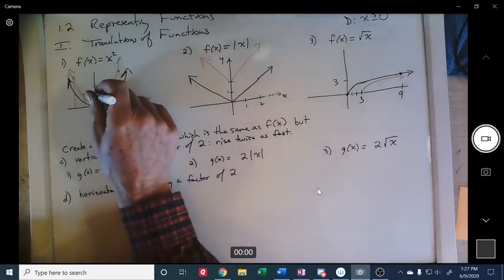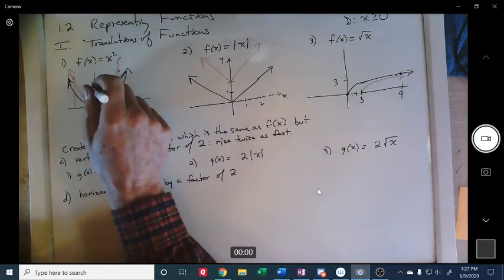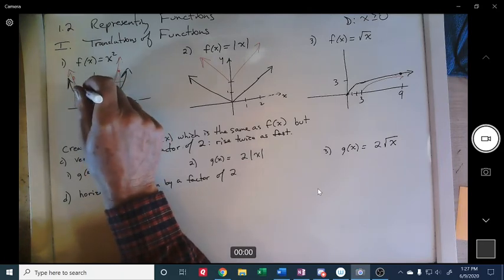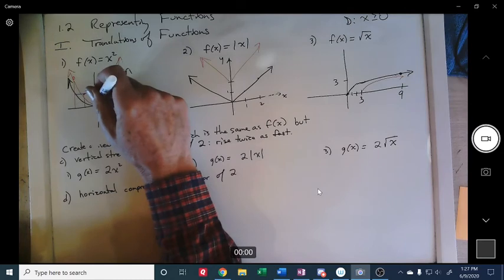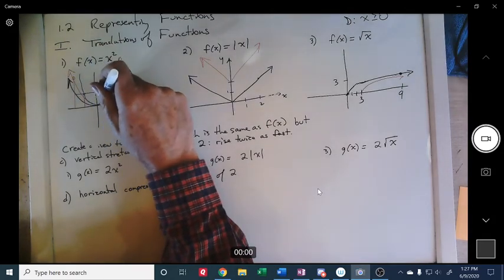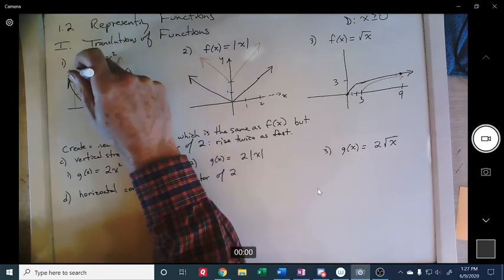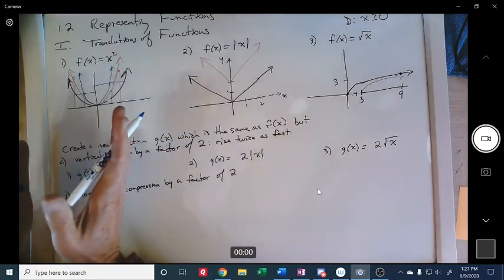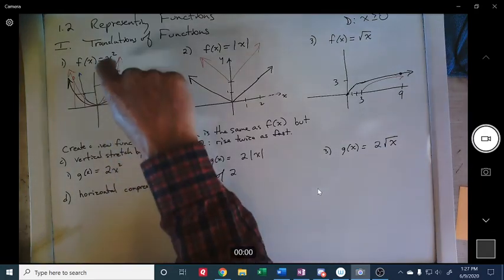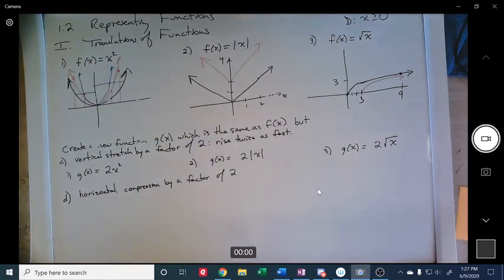So all the horizontal distances come halfway in, and we're going to get more of the vertical. It's going to pull it up more than a vertical stretch did.